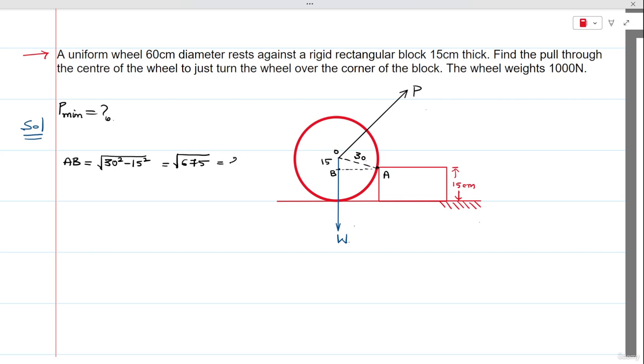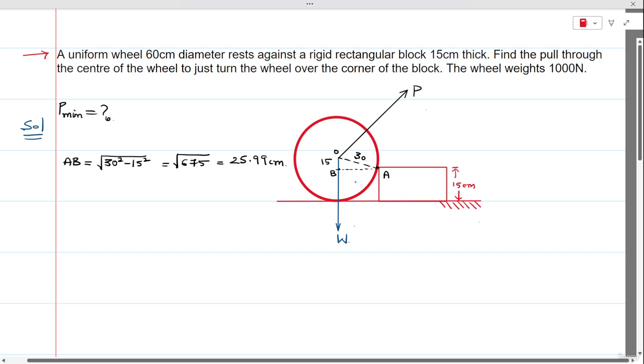So this is approximately 25.99 centimeters, because 676 is 26 under root of that. So now AB is known. So here we are required to know the minimum value of P. Now for minimum value of P, the force P should be 90 degrees with OA.